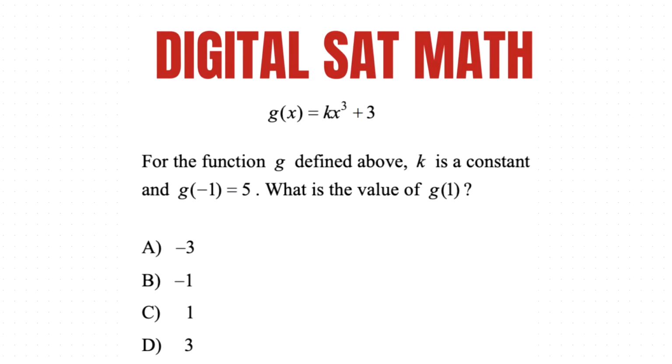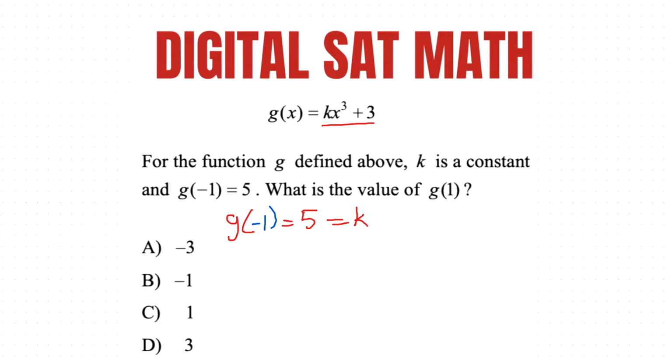So this problem has two steps. To solve this, first you will need to find the value of k using g of -1. So instead of x, what did they put? -1. And what did they find for the value of that? They found 5. I'm going to put -1 wherever I see x in the function.